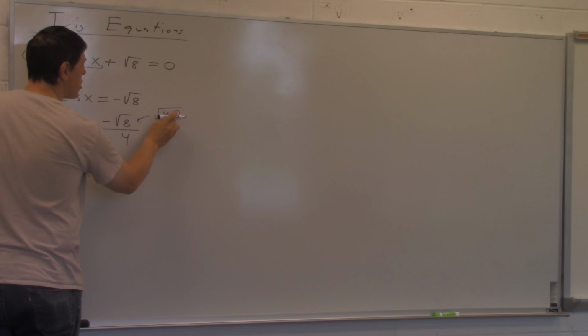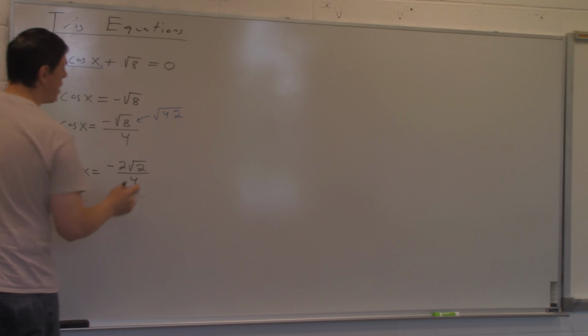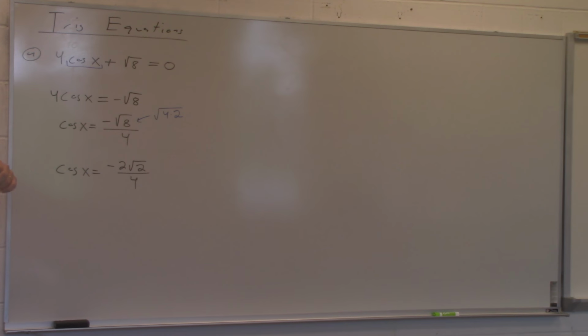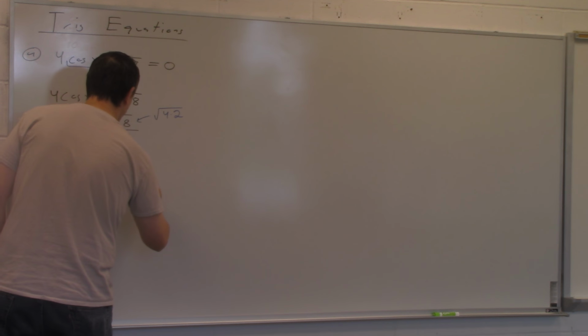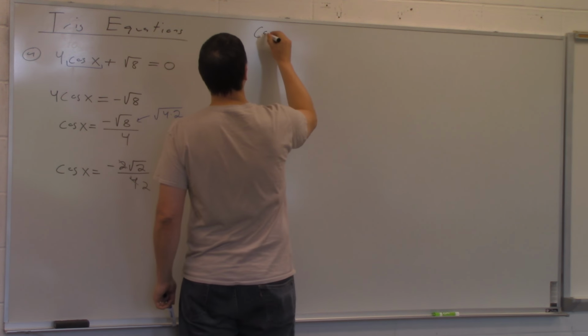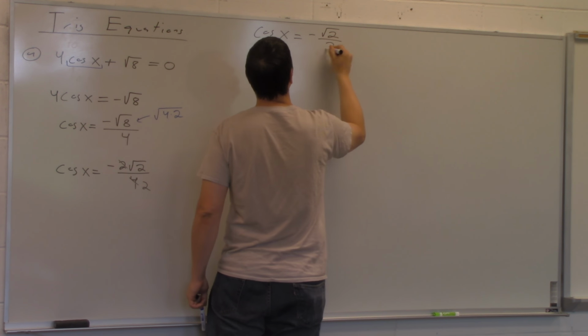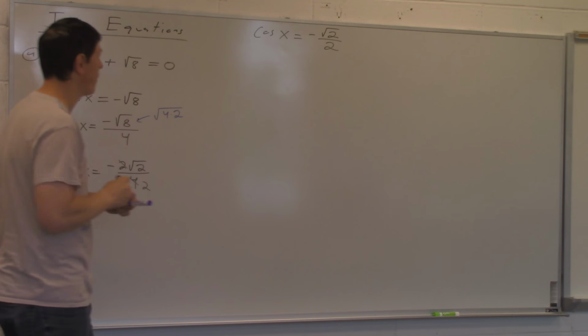And again, all I did was take the square root of 4, which is 2, and then the square root of 2 doesn't have a real nice answer, so I just left it under the square root of 2. And as you would suspect, we would go ahead and cancel these. So now what we end up with is the cos of x equals the opposite of root 2 over 2.